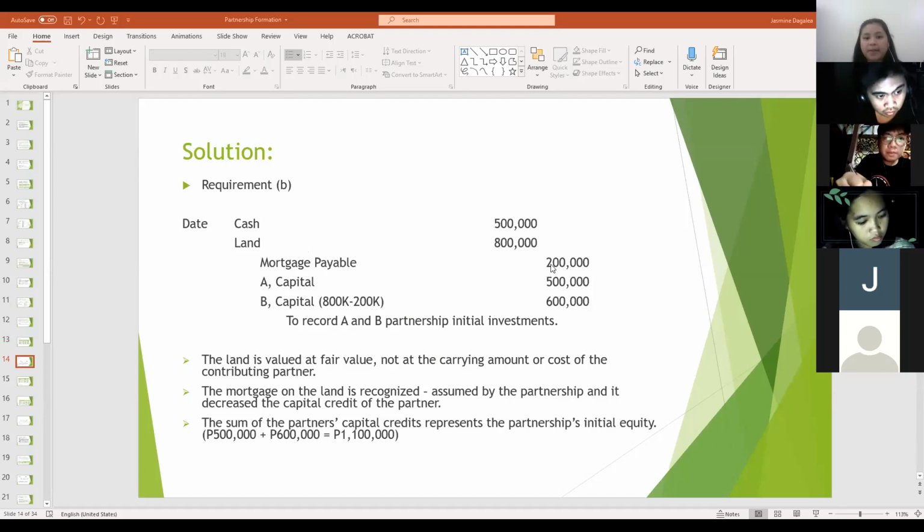Bakit credit yung liability? Kasi nadagdagan yung liability ng partnership. To increase liability, yung normal balance ng liability nyo is credit, diba? So, yan yung journal entry to record the initial investments of A and B partnership.